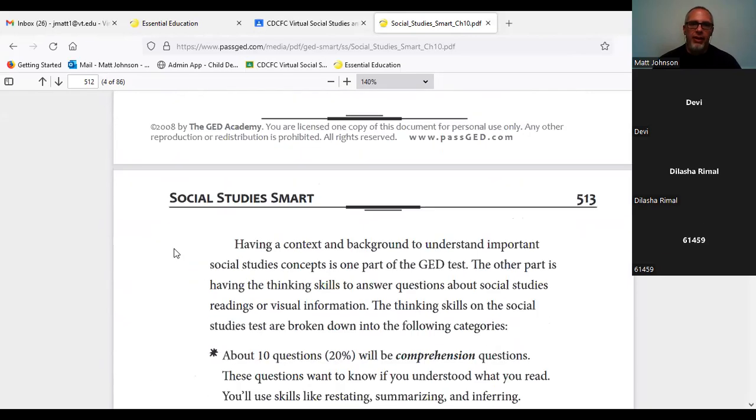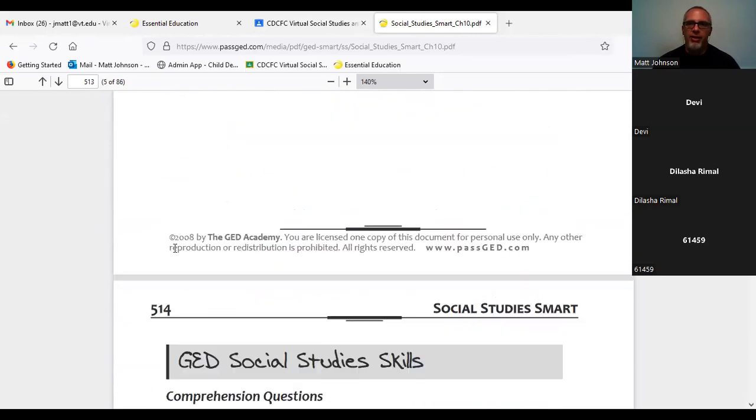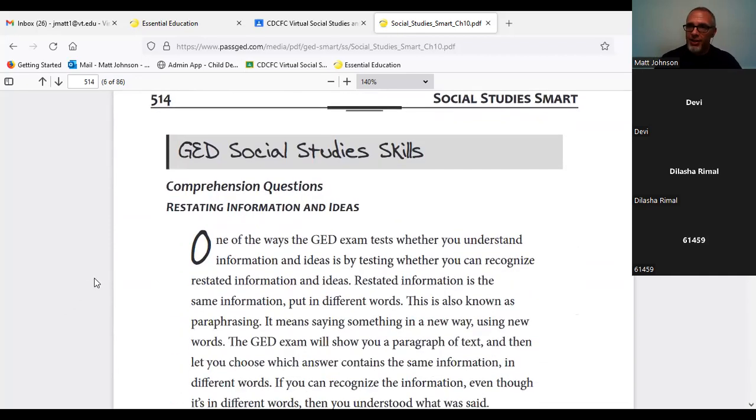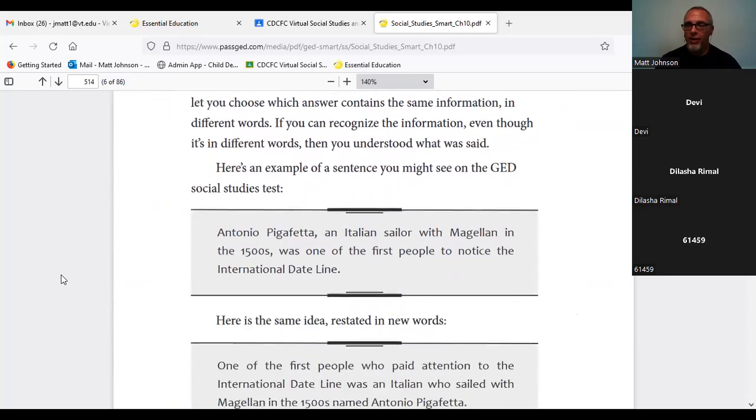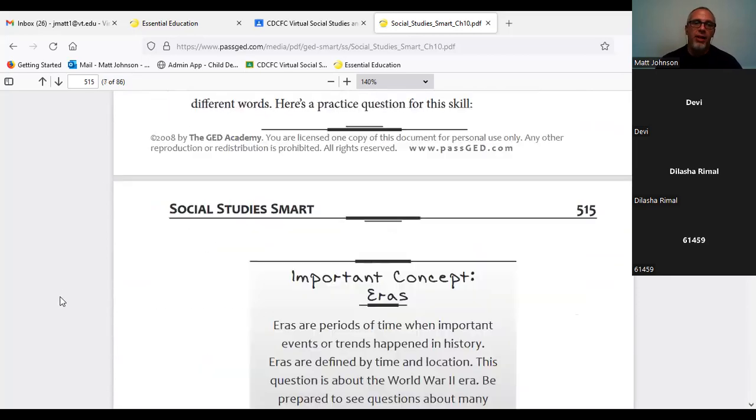Basically what you're going to encounter, and this is what we're going to work with all next week, is running through some practice tests to give you an idea of what types of questions you're going to see on the test, and how they go about presenting the information.